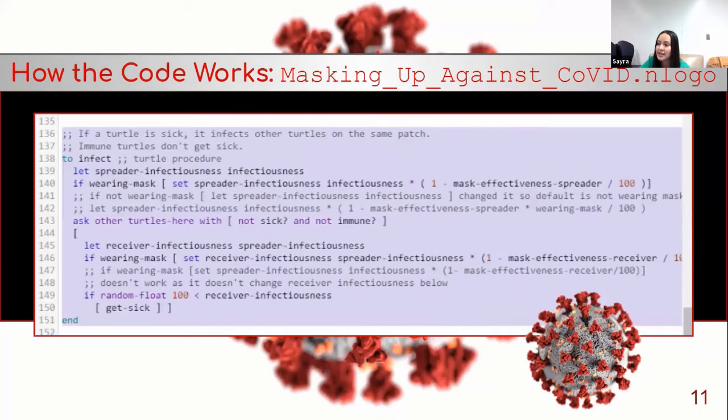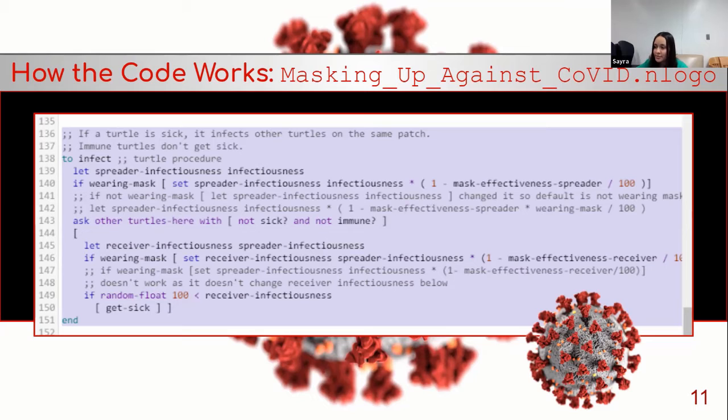So wearing masks changes the chance that someone gets infected with COVID-19 in our model. And the lines of code which cause that to happen in our model are lines 136 through 151. These are the equations for how the model knows to infect.